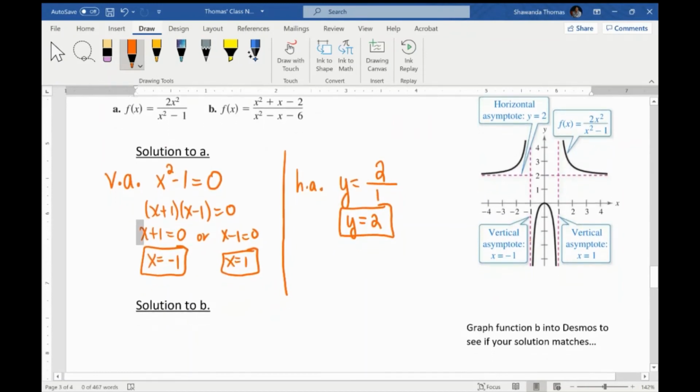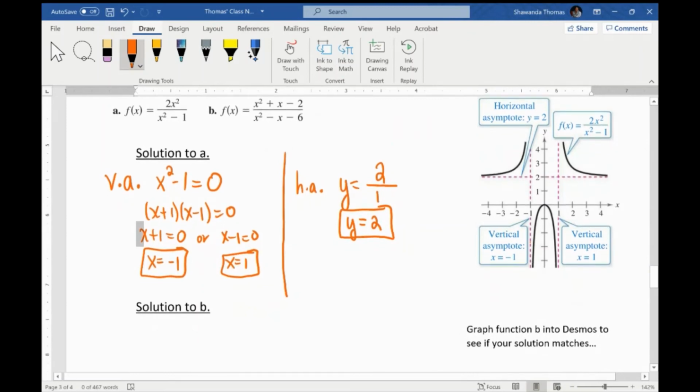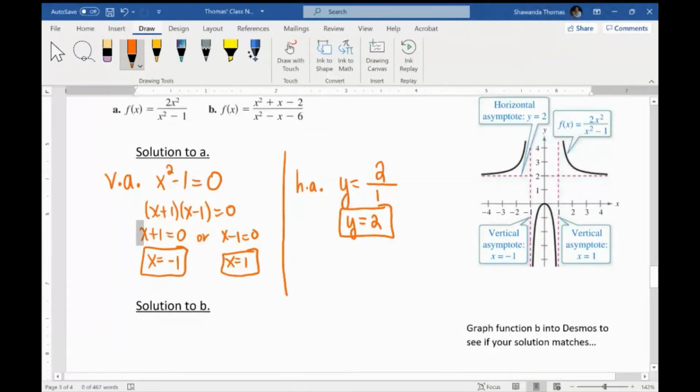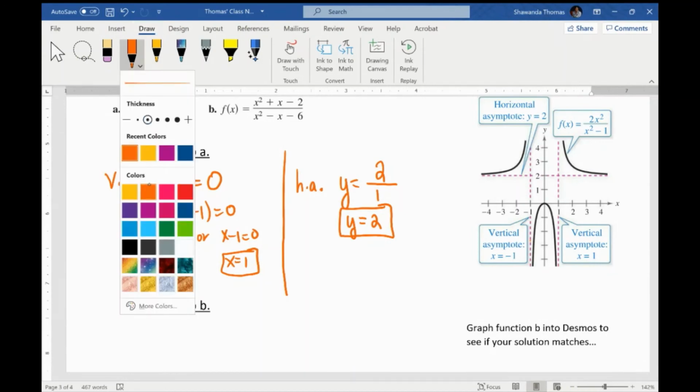All right, B, x squared plus x minus 2 over x squared minus x minus 6. What should we do first for this one? Factor. Yep, exactly.